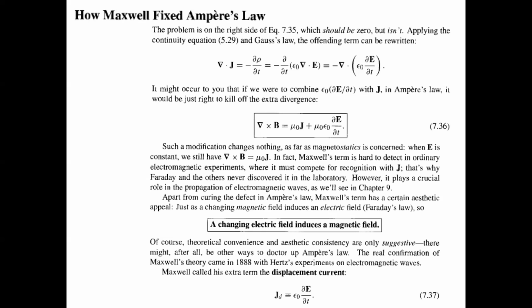And then this equation becomes something like this, which is curl of B equals μ0 J plus μ0 ε0 ∂E/∂t.